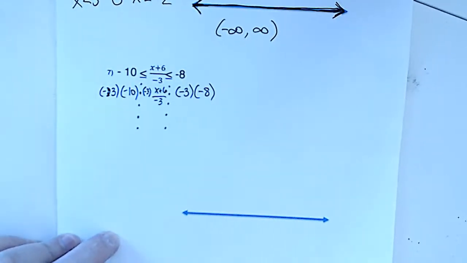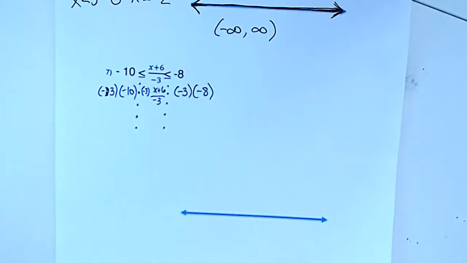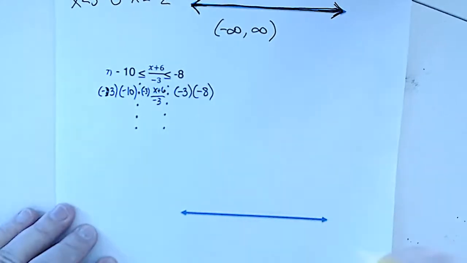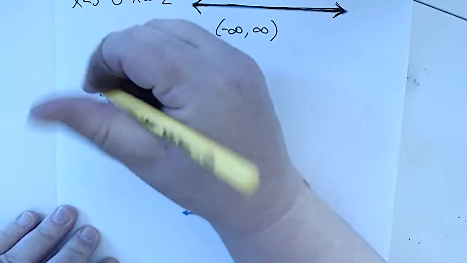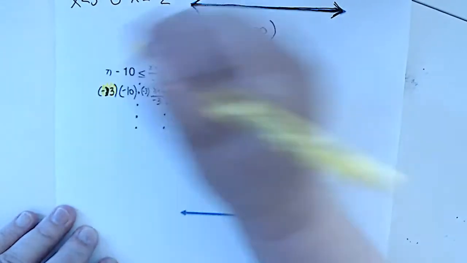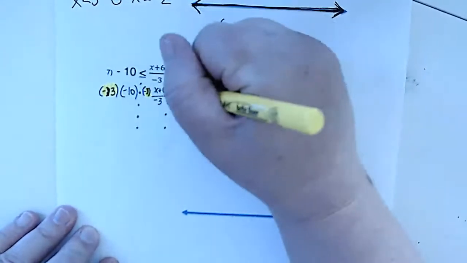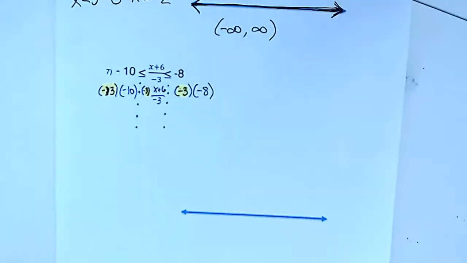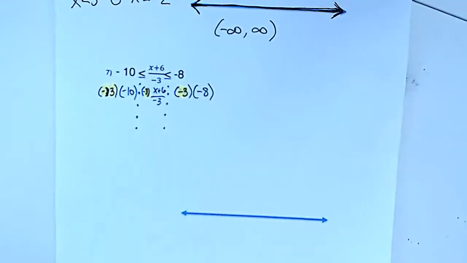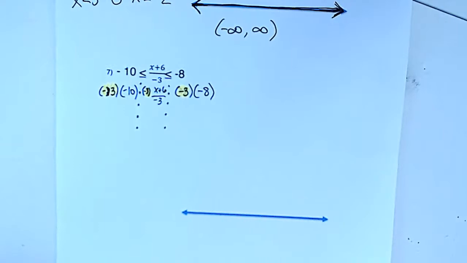Let's see if I can get away with it. Hopefully I won't just smear everything. Sorry about the smearing. Basically, everybody gets a -3. Now, there's almost no room left, so I regret this a lot.